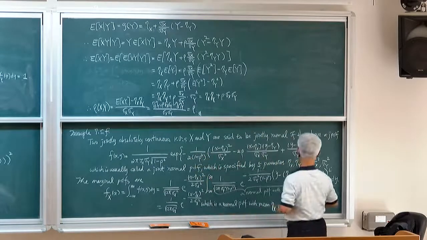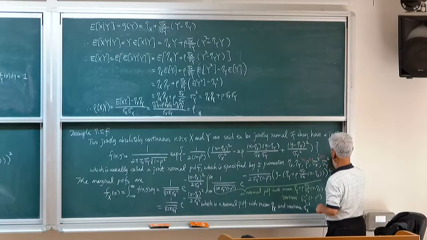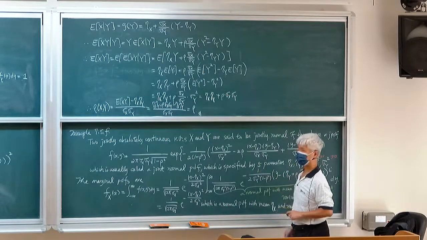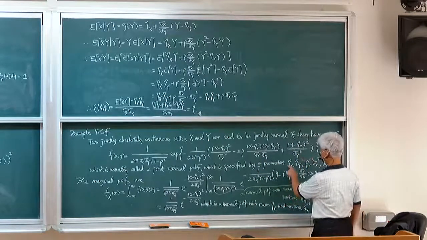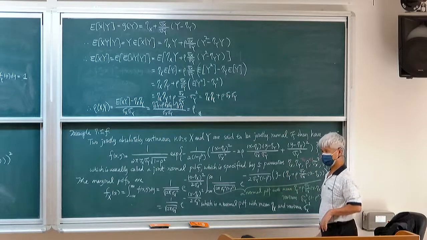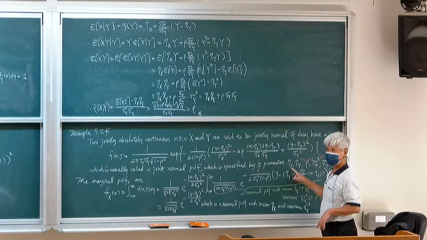And second, the variance should be greater than 0. Otherwise, you cannot put it into the denominator. But the means can be any real numbers. So there are no restrictions for eta x, eta y.